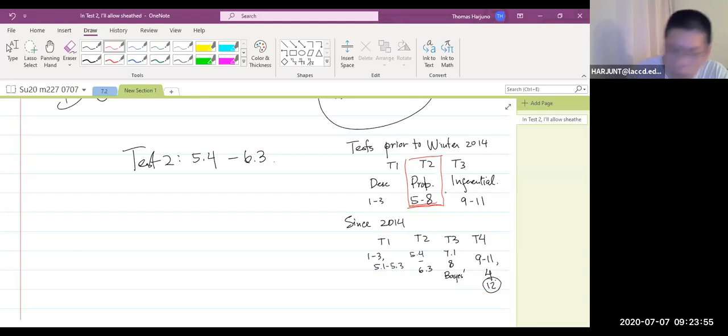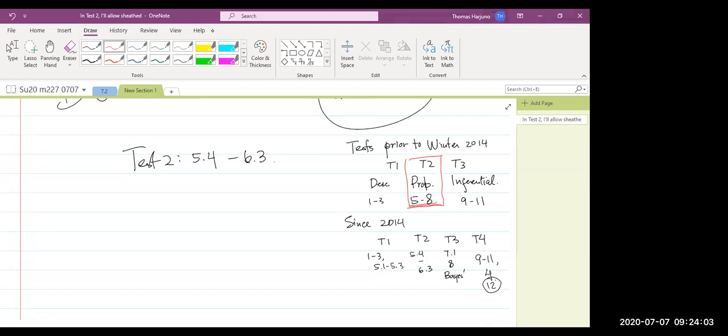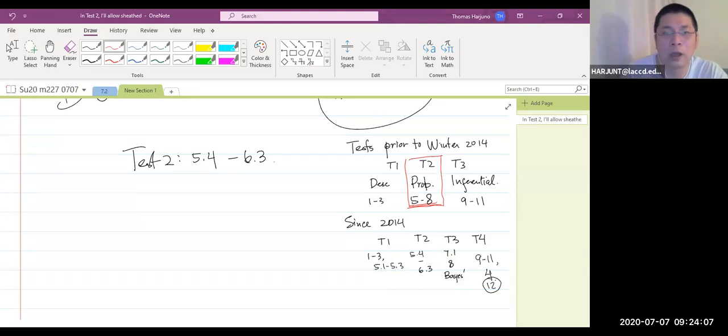I know some teachers are quite easy, so they have fewer students dropping after probability, but compared to test 1, test 3, or test 4, we have more students dropping the class because of the probability part. That's why in winter 2014, I split test 2 into 2 tests, and the result was good.